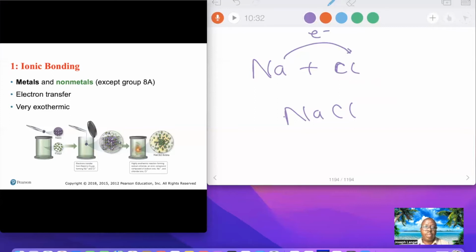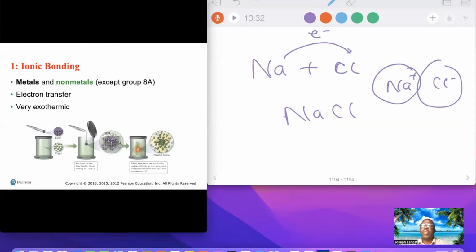This process is highly exothermic. Remember, electron affinity is the energy given off when you add an electron to an atom. So this will form a cation, which is positively charged, and the chloride, which is negatively charged.